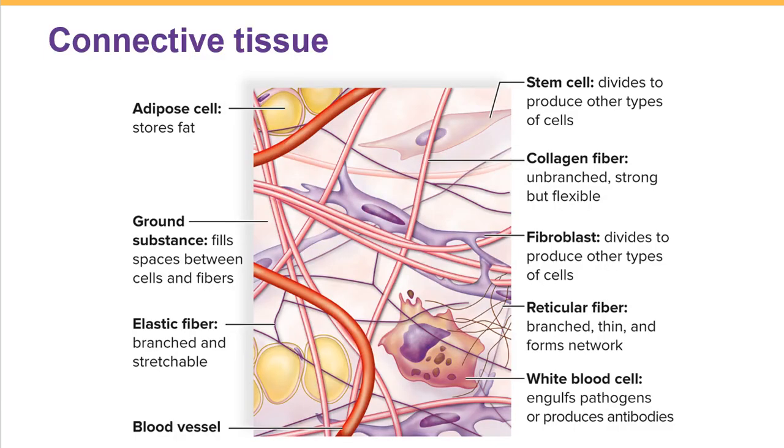For connective tissue, we can define it as cells plus extracellular matrix. Extracellular matrix means everything that is found around the cells. The cells of connective tissue are of different types.